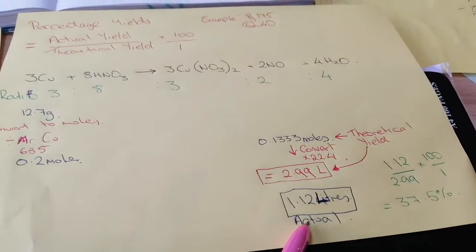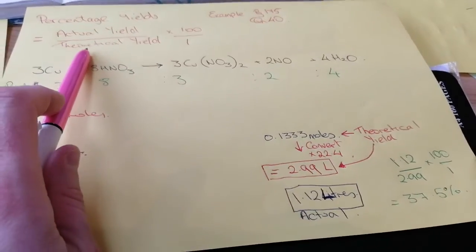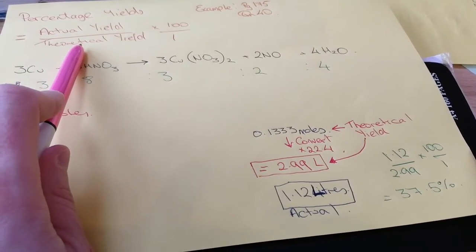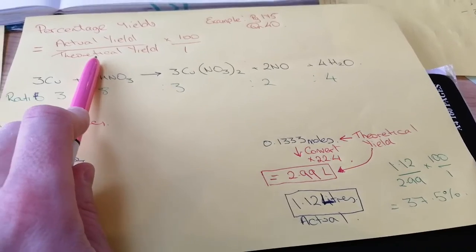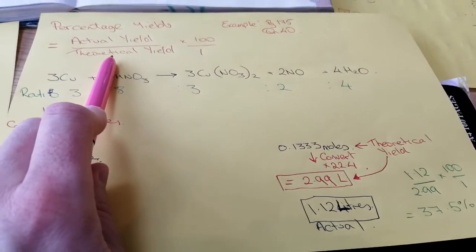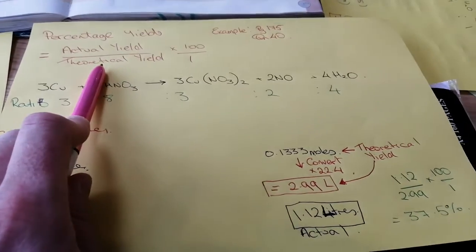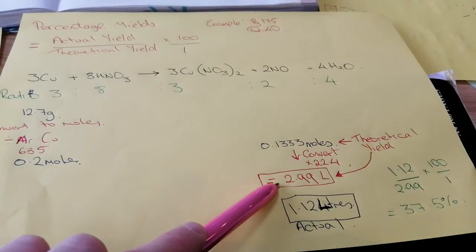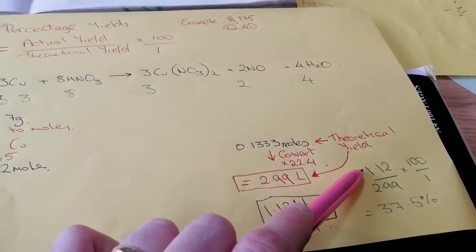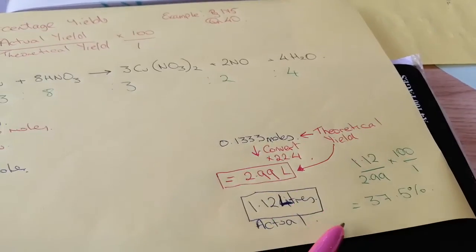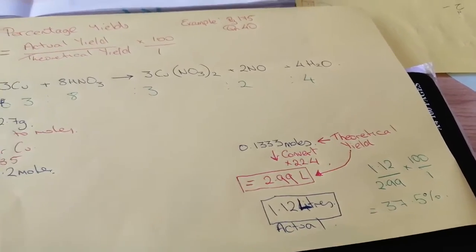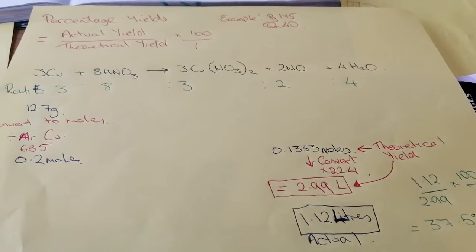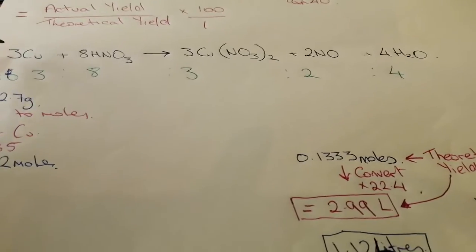So my actual yield is 1.12, my theoretical yield is 2.99. I put the actual over the theoretical, multiply by 100/1, and I get 37.5%.